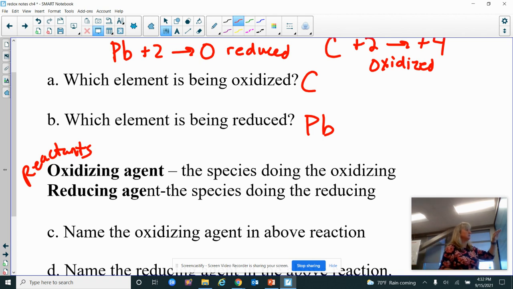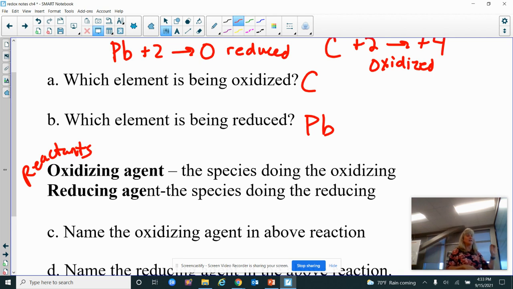So the species doing the oxidizing contains the element being reduced. Remember, reduced means that it is gaining electrons. So it's oxidizing something else to gain those electrons. It's making something else lose electrons for it to gain electrons.